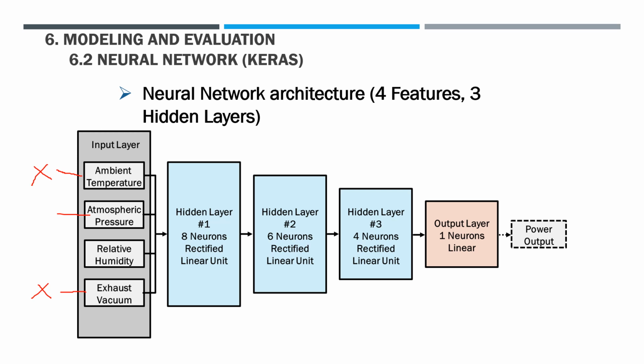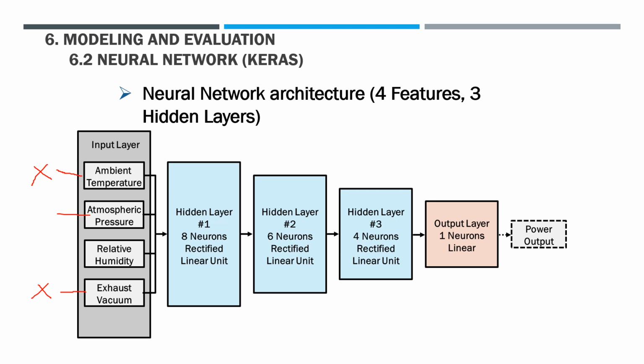So therefore, rectified linear unit activation was chosen. Same thing in the second layer, rectified linear unit, and also in the third layer, rectified linear unit activation was chosen. But number of neurons were different in the second layer. It was chosen to be 6. Then in the third layer, it was 4.